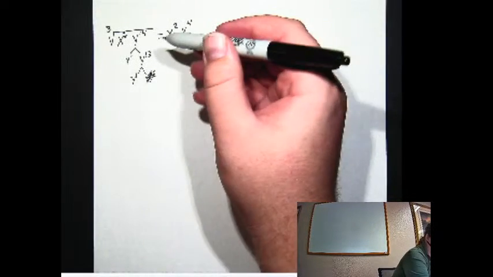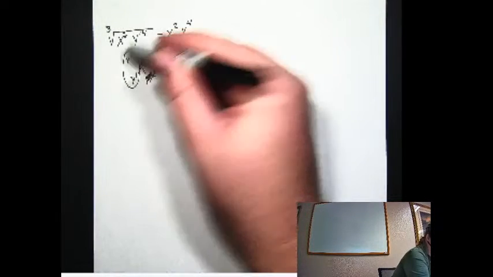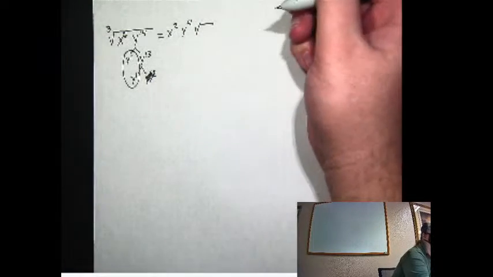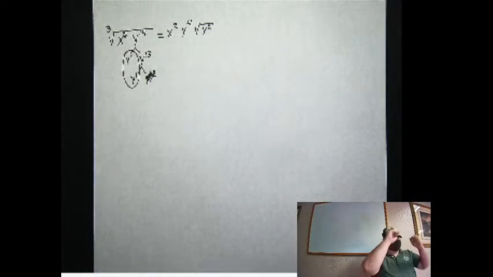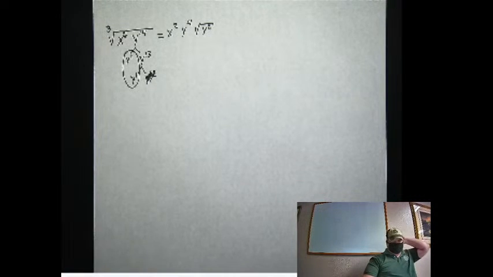Well, we got that. But we've got these y's hanging out here under the square root. And how many do we have? So it's y to the 2nd. Excellent.